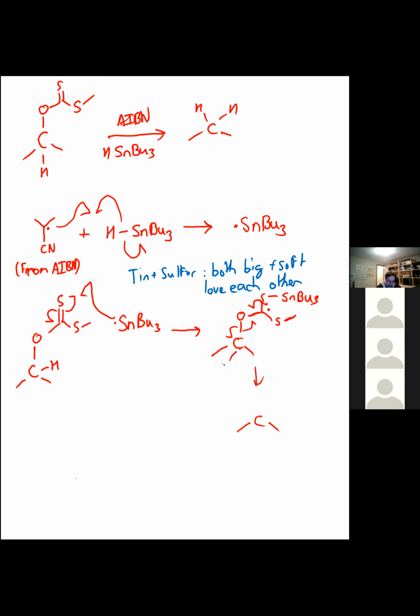I'm just going to keep the hydrogen that was here still here. There's something beautiful about that thing on the right. It's aesthetically pleasing. And then I have a carbon radical, not particularly happy, not particularly stable.